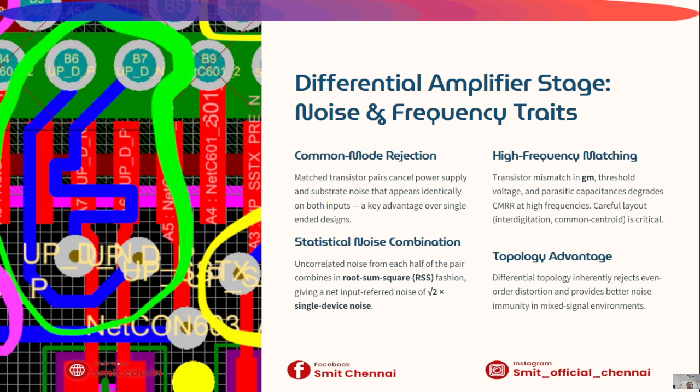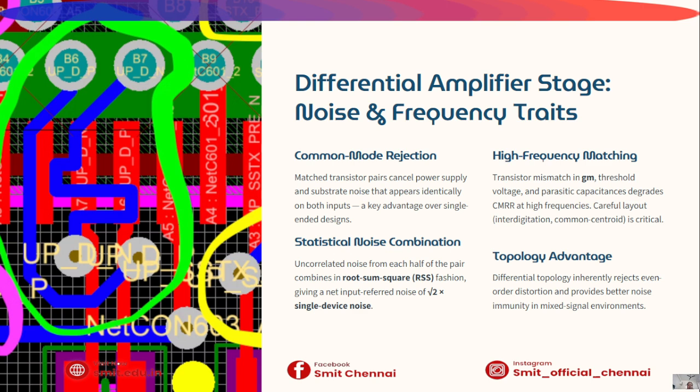Next we see about the differential amplifier stage, noise and frequency traits. Differential amplifiers provide significant advantages in noise performance. One major benefit is common mode rejection. Any noise appearing equally on both inputs is largely cancelled at the output. Noise generated by the two transistors is statistically independent, therefore, the total noise combines using the root sum square method.